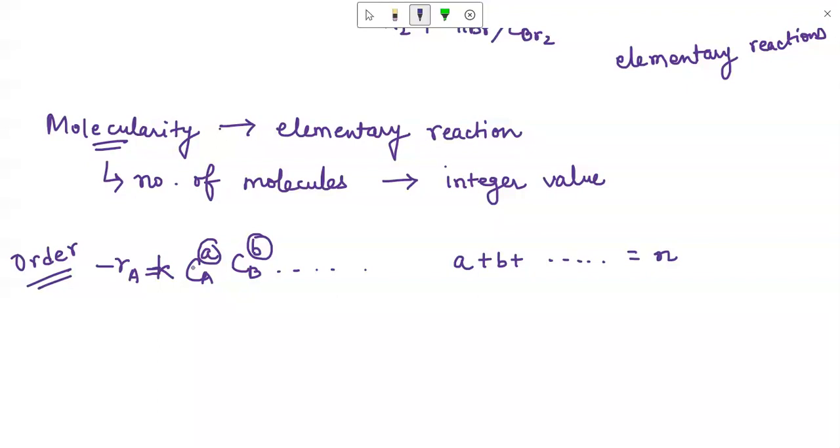And here these powers may have a fractional value. It's not necessary that they will always be integers.